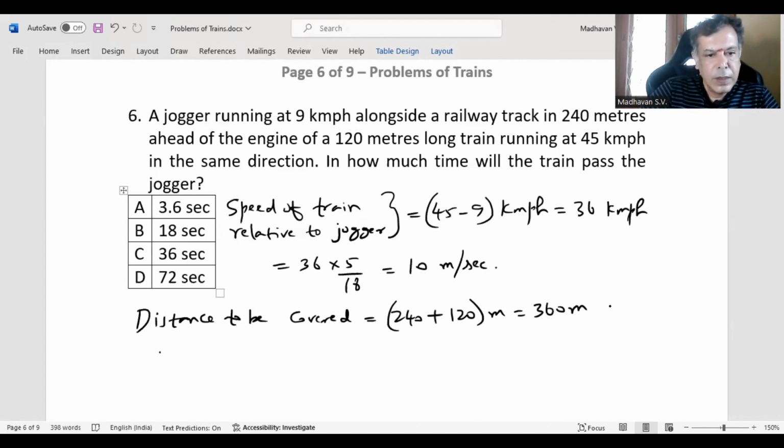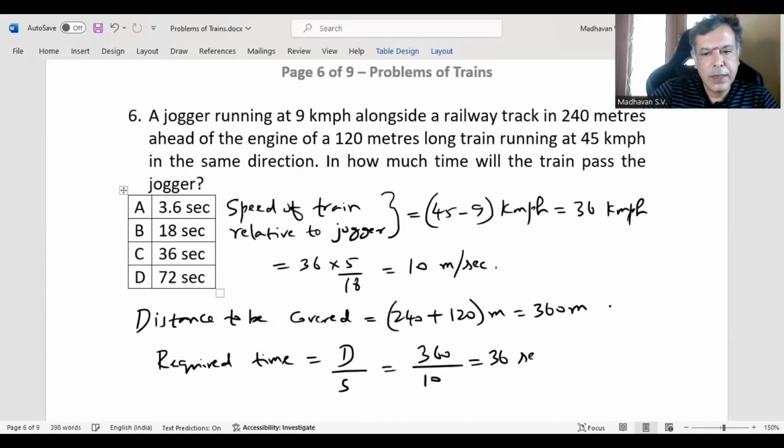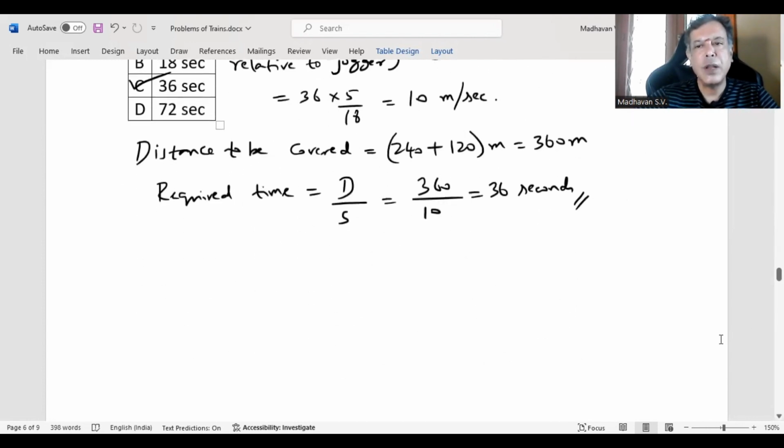Therefore, required time will be distance divided by speed, that is 360 divided by 10. So we get 36 seconds as the answer to this. So this is option C. Let us move on to the next question. Question number 7.